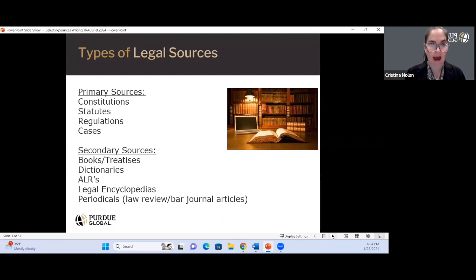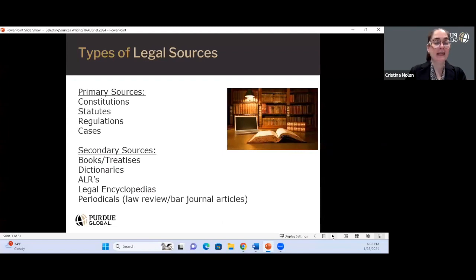But we are now in another period of transition. We were paying all this money for Westlaw and Lexis, and there were CD-ROMs. Now legal sources are available in a variety of ways. It's not just Lexis and Westlaw. There are other credible sources that we can use too.